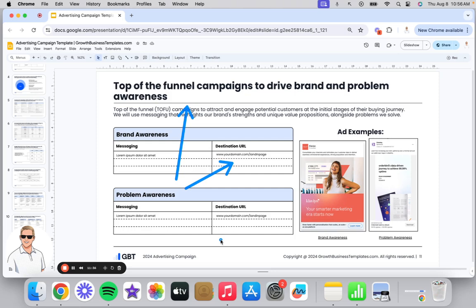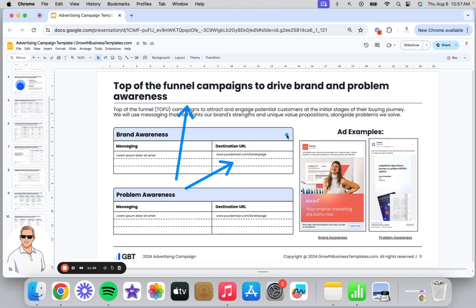In some cases, we've actually promoted third-party assets just to provide credibility and social proof for our products. We also make good use of the native lead forms within Facebook and LinkedIn.